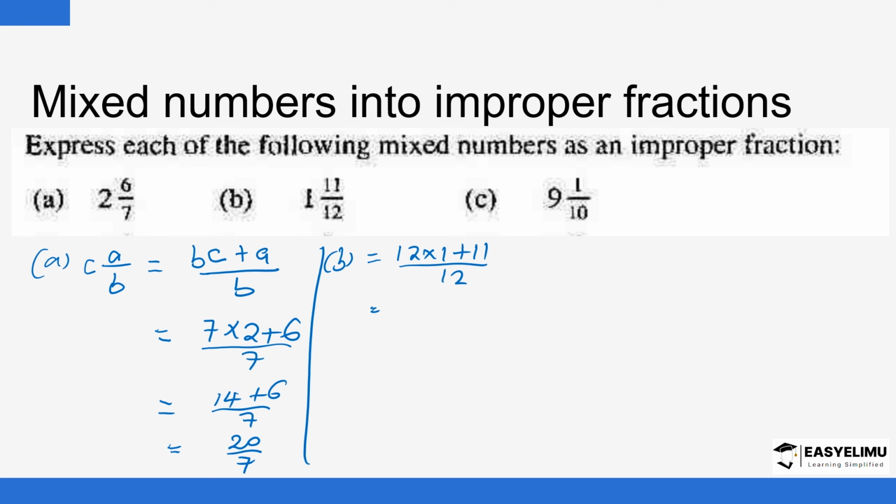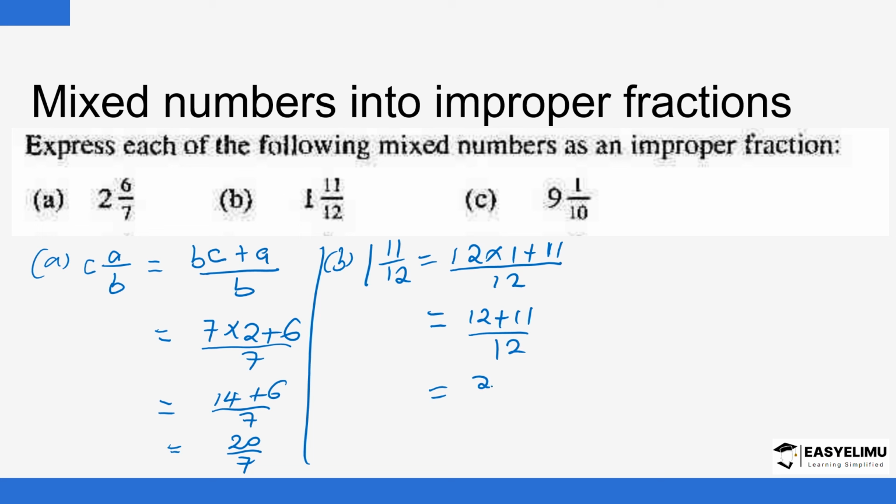So maybe we start by writing the mixed number, which is 1 and 11 over 12. So this is going to be 12 by 1 plus 11, then you divide by 12. Remember, that is the rule here. So take note of the rule. So that is going to be 12 plus 11 over 12, which is going to be 23 over 12.